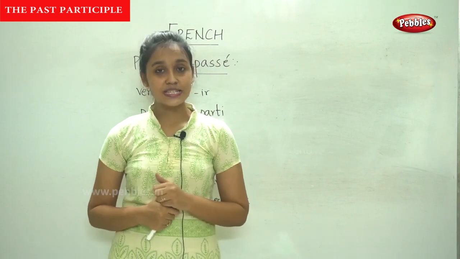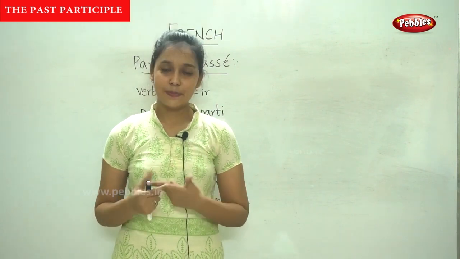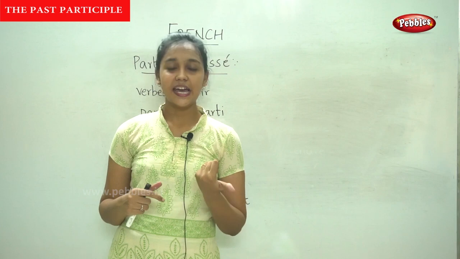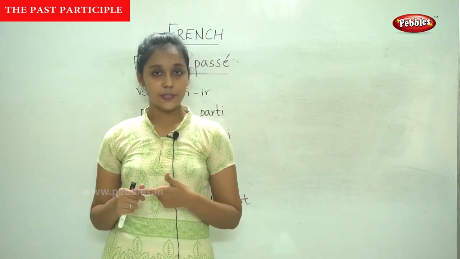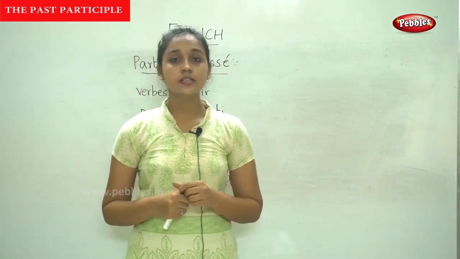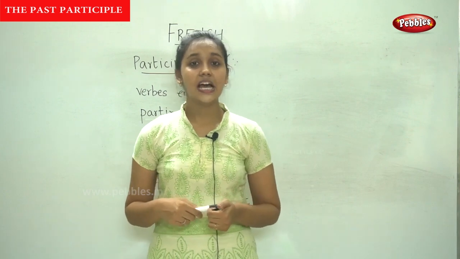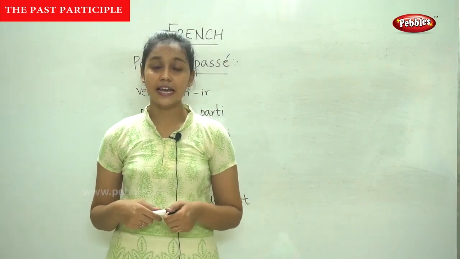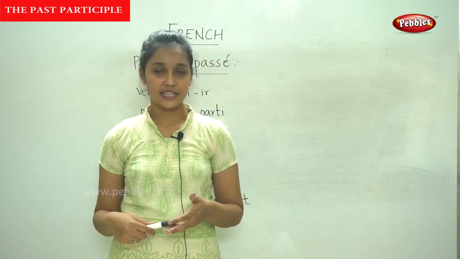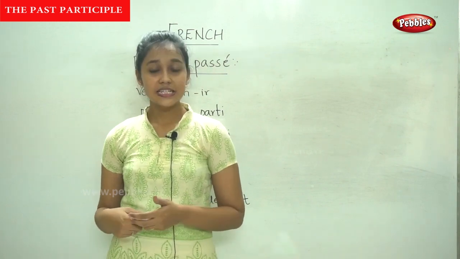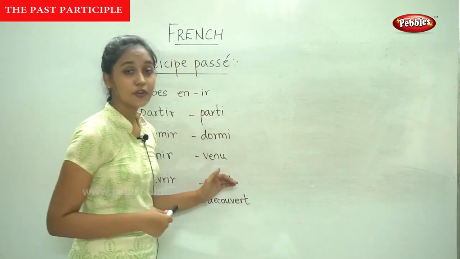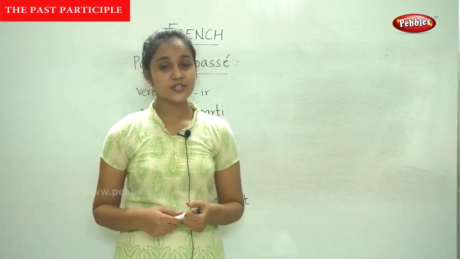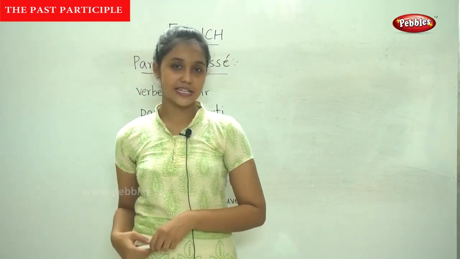So you know the rules: avoir plus the past participle or être plus the past participle. And where do we use être? When the verb is a verb of motion like partir, etc. So these are the rules for writing passé composé. Now let us try some exercises.